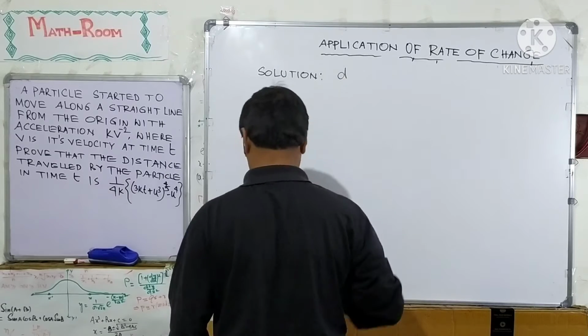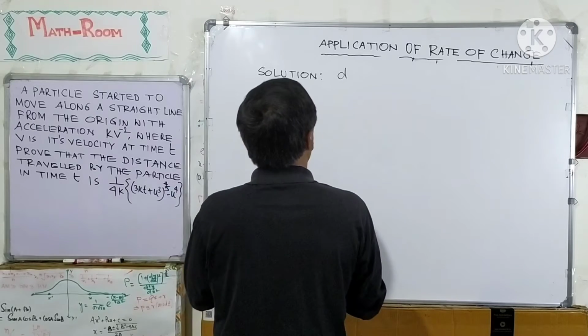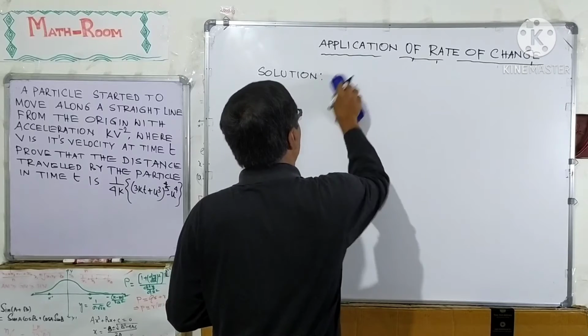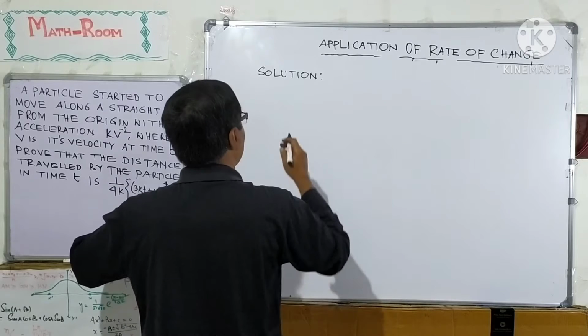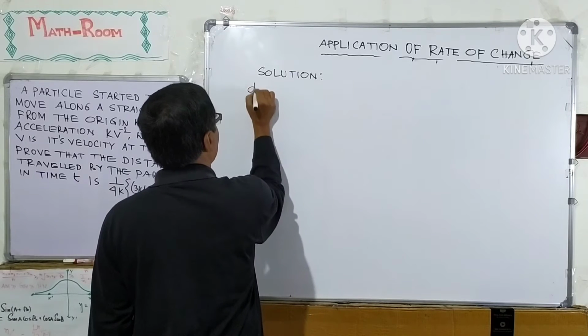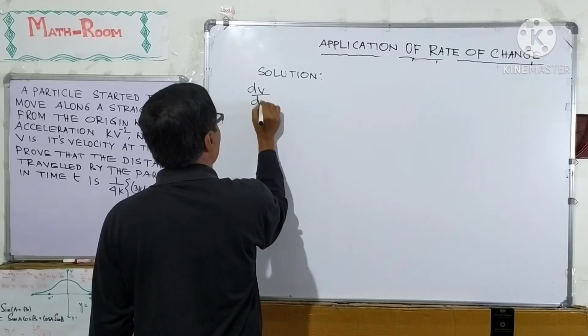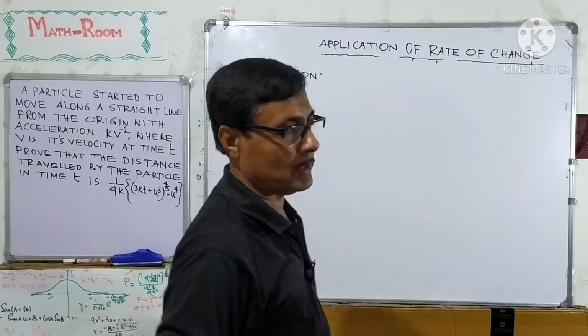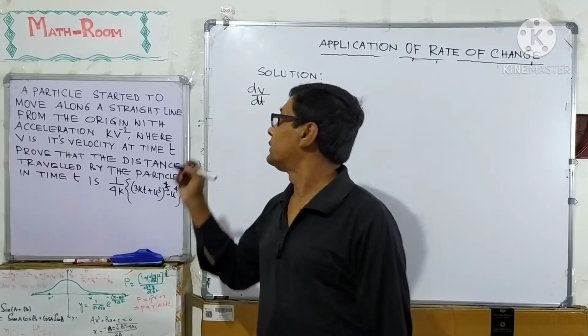So, we can write the acceleration as dv dt, where v is the velocity at time t.